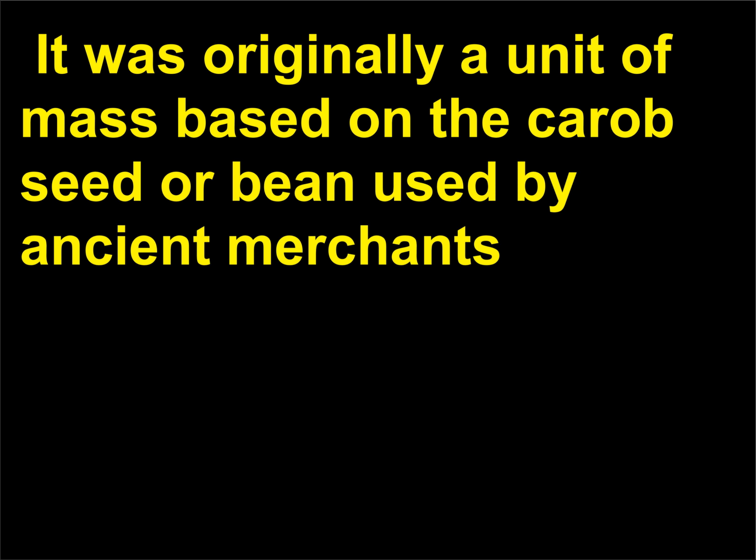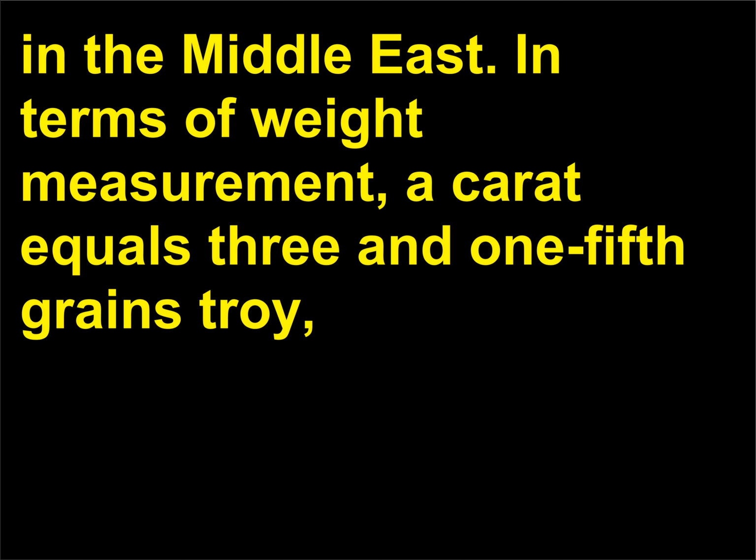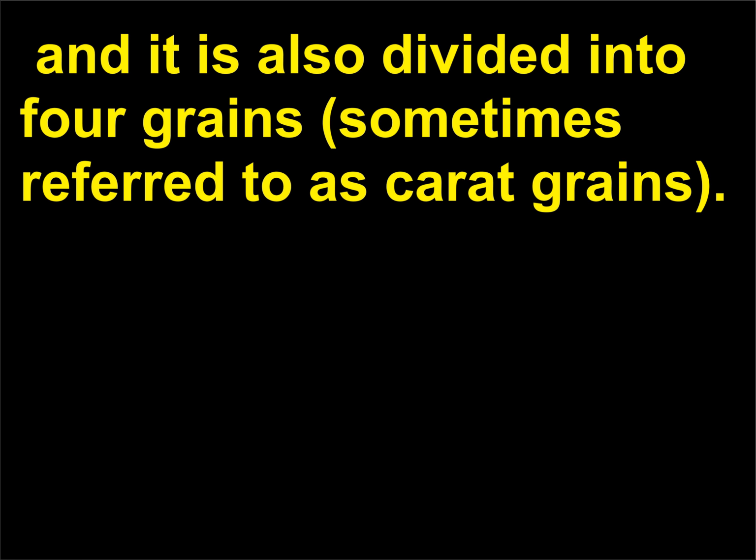It was originally a unit of mass based on the carob seed or bean used by ancient merchants in the Middle East. In terms of weight measurement, a carat equals 3 1/5 grains troy. And it is also divided into 4 grains, sometimes referred to as carat grains.